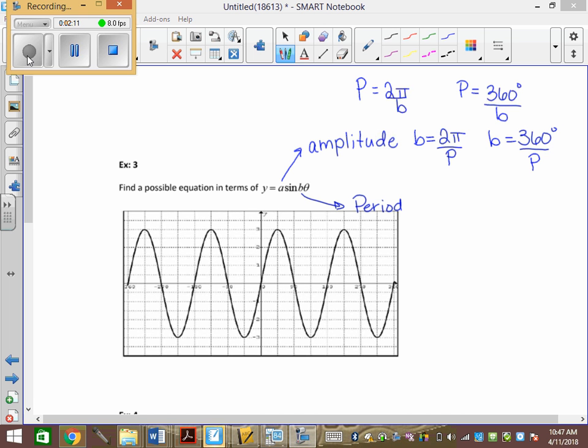All right? So if I want A for this graph, I want the amplitude. What's the amplitude of this graph? 3. Because the amplitude definition is half the distance from the max to the min or the min to the max, right? So what's the distance from the min to the max in this case? 6.